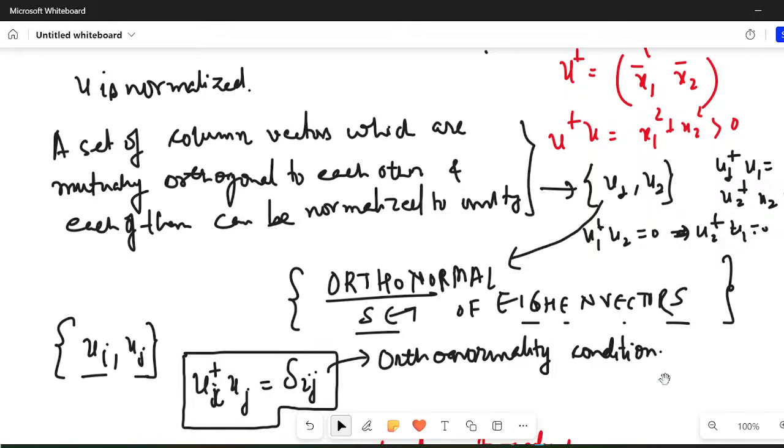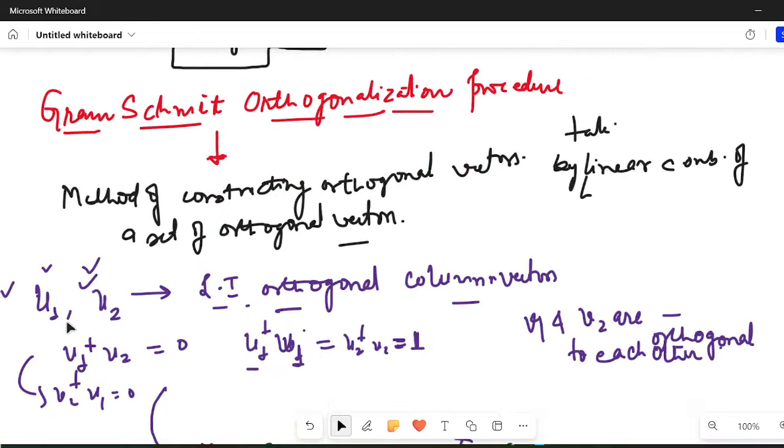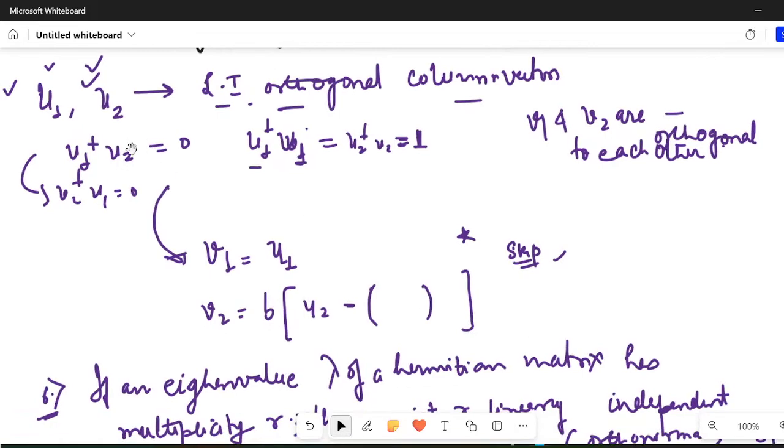If you have column vectors u1 and u2 which are linearly independent, then you can always construct a set of orthogonal column vectors using Gram-Schmidt orthogonalization, where v1 is equal to simply u1.